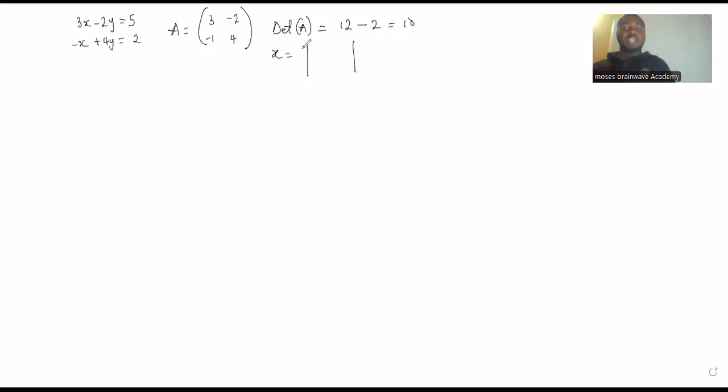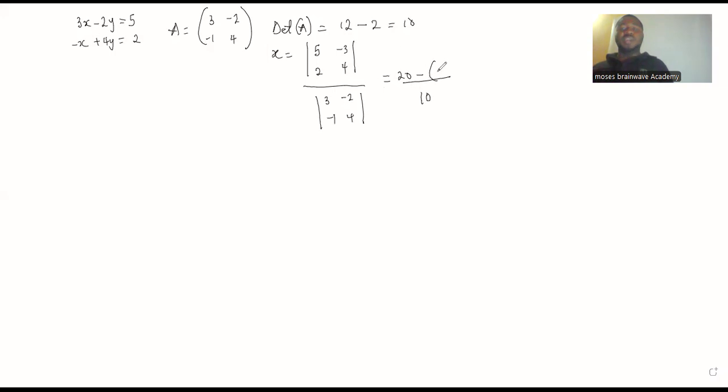Now, to get my x is very straightforward. I'm going to take the constant here, replace it here. So I have 5, 2, minus 2, and then 4. And I'm going to divide it by the coefficient matrix, which we have gotten the determinant over here as 10. So here is just 10. This should give us 20, this and this is 20, minus 2 multiplied by 3 is 6.